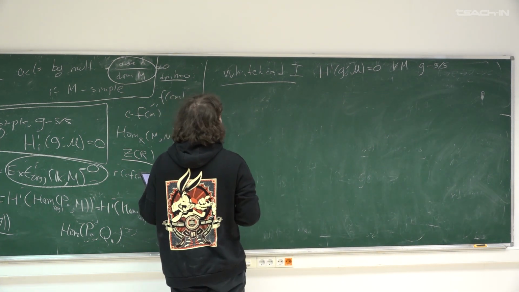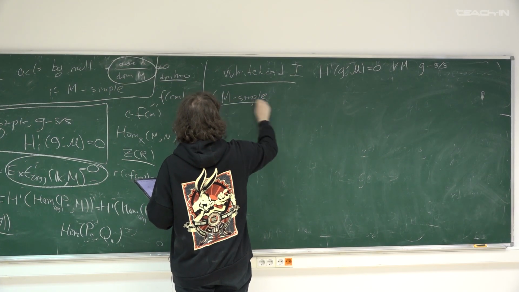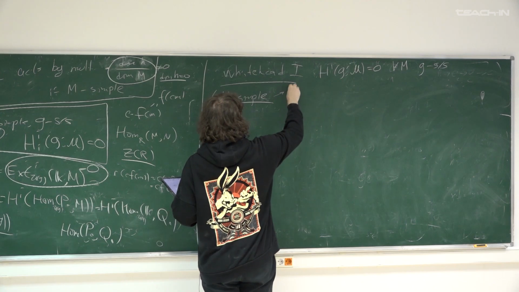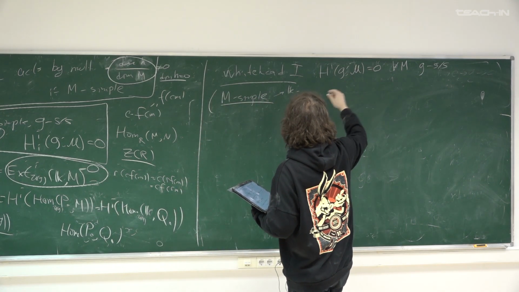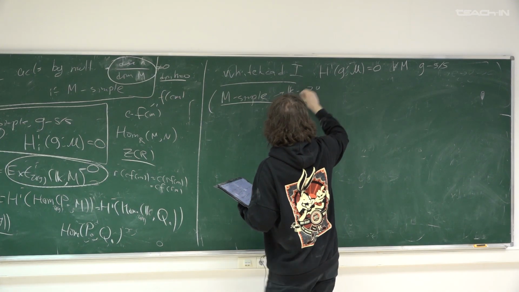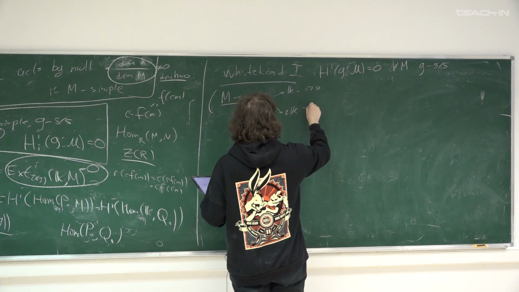What does it mean? If M is simple, then if it's trivial, we know Hom from the abelianization is 0. Then it's 0. If it's not trivial, we just proved that it's also 0.